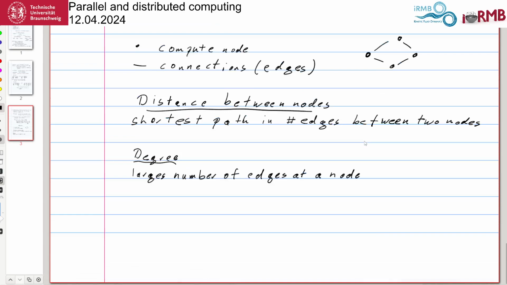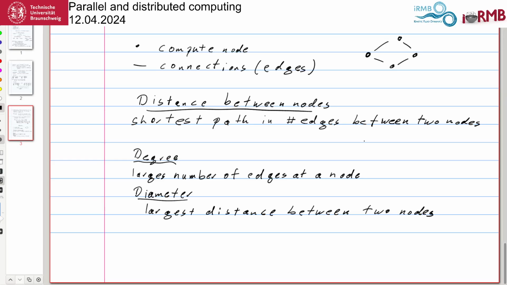The diameter of a network is the largest distance between two nodes. So the question is, what is the furthest distance that the network has to support?